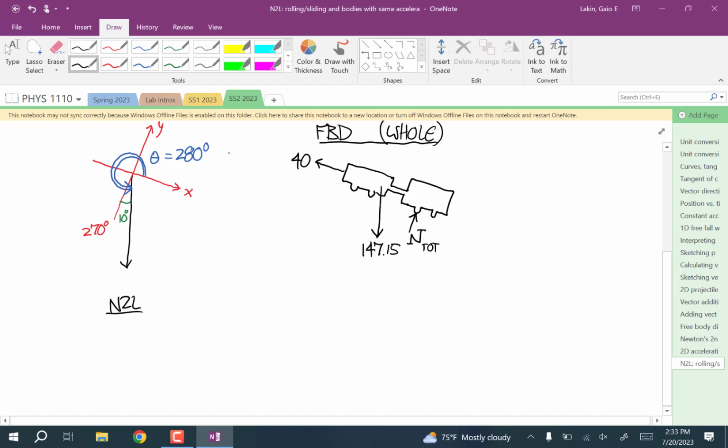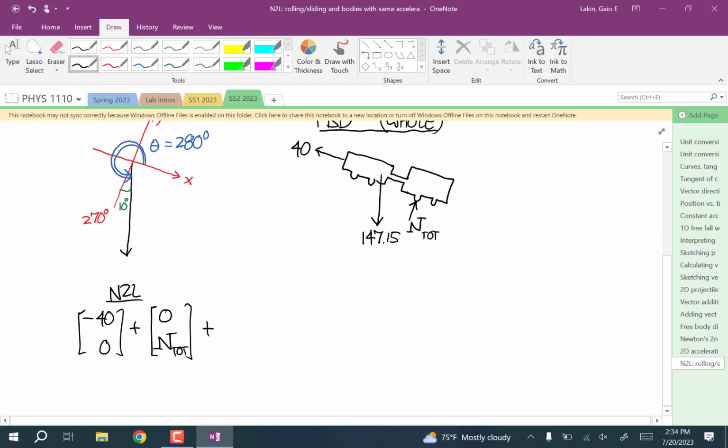The 40 in our rotated coordinate system is in the negative x direction, so we have negative 40, 0. The N is in the positive y direction, so 0, N total. The weight force, we already figured out, is at this angle of 280 degrees.